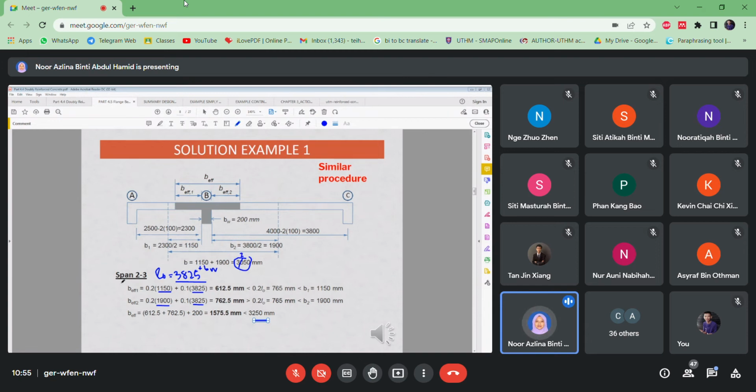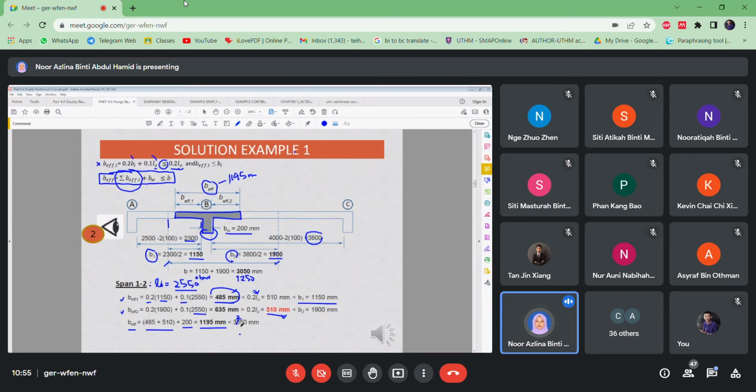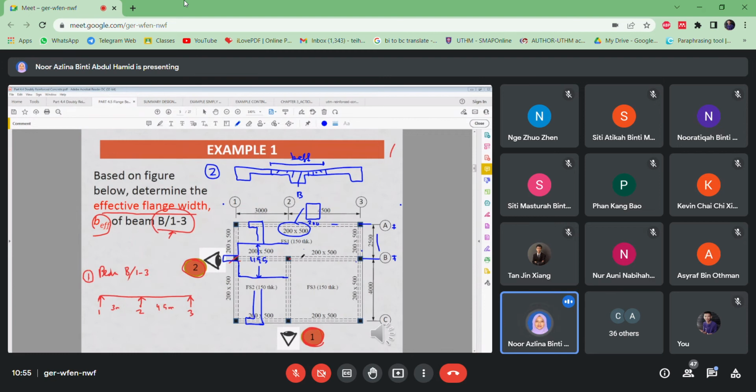So from span 2 to 3, the same procedure, the same equation, you will get B effective for span 2 to 3 is 1575.5. So that's mean kalau you tengok view dari atas ni, ni 1195 kan, tapi bila untuk span 2 to 3, dia punya flange width dia lebih besar sedikit.